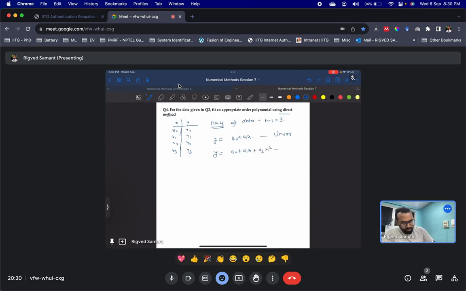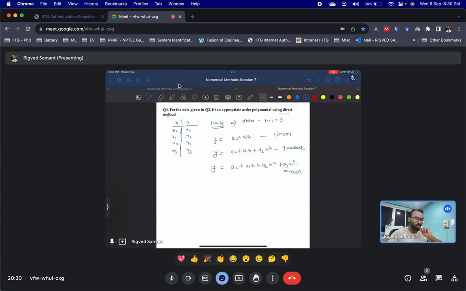That is second order or quadratic. What would be cubic? y is equal to a0 plus a1x plus a2x square plus a3x cube, right? This is your cubic. So if we have 4 data points, I can only do a cubic fit.